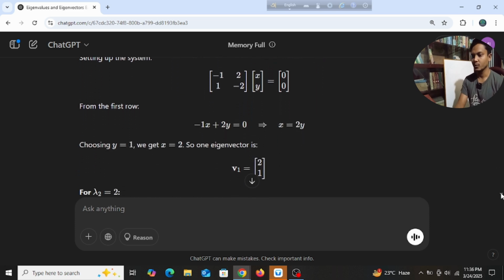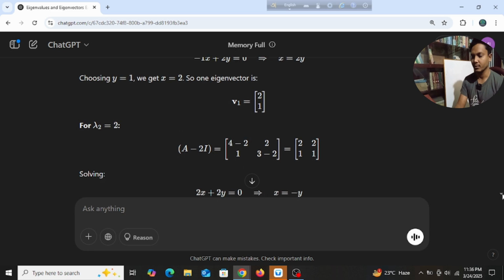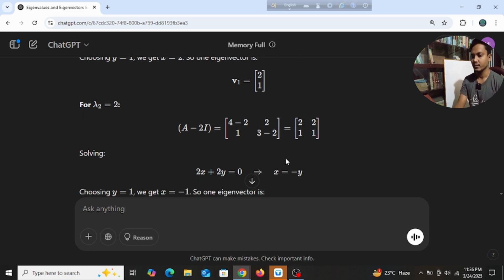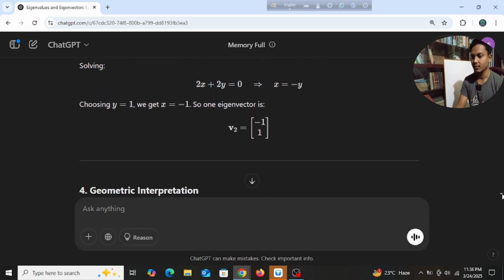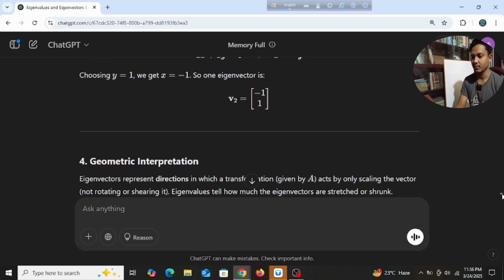From the first row we get x equals 2y. Choosing y equal to 1, we get x equal to 2. So the eigenvector is [2, 1]. For lambda 2 equals 2, you see here, A minus 2I, 2x plus 2y, x equal to minus 1. So v2 equals [-1, 1].